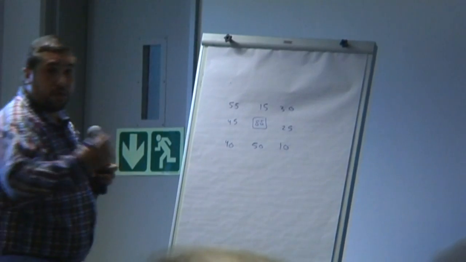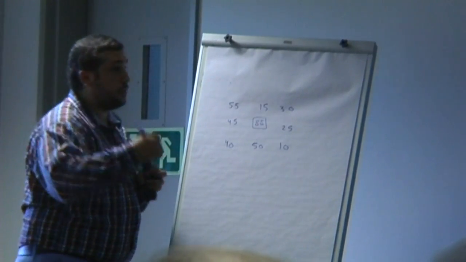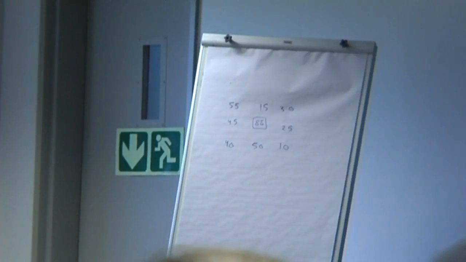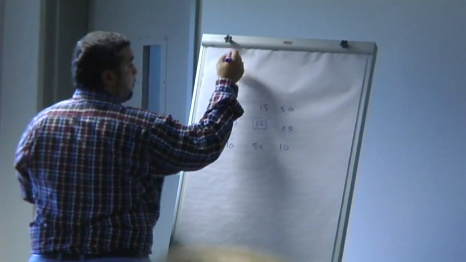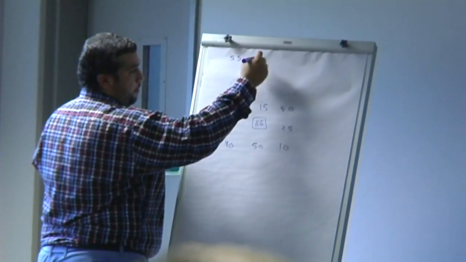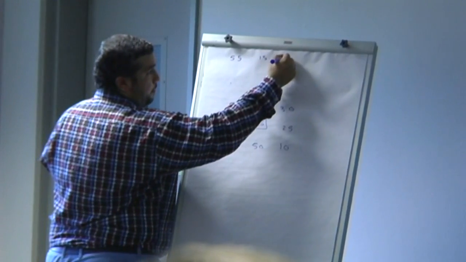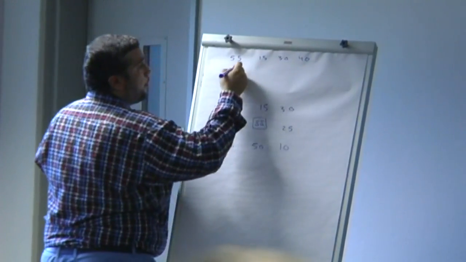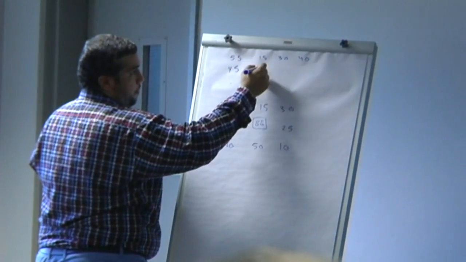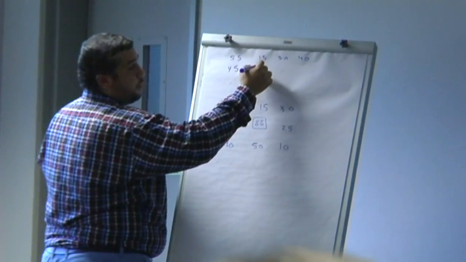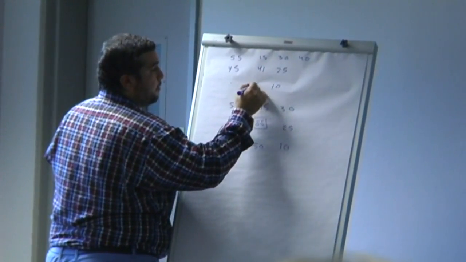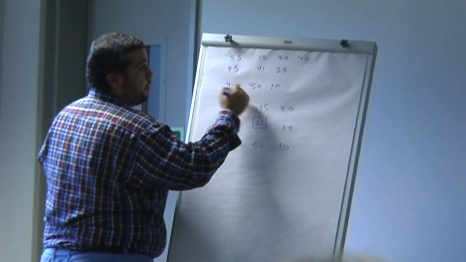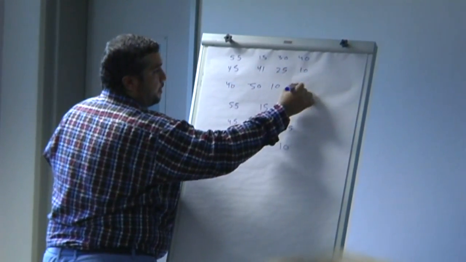And we keep going inside our image. This is just a window from the image. For example, it was 41, 50, and now we have 40, and now let's assume that we have 10 here and 20.